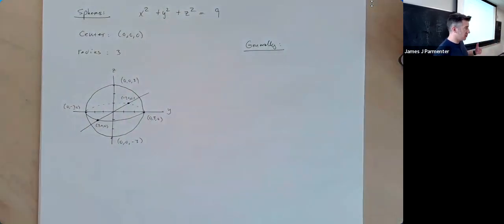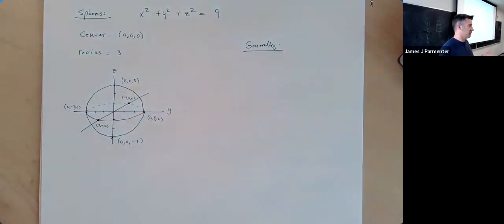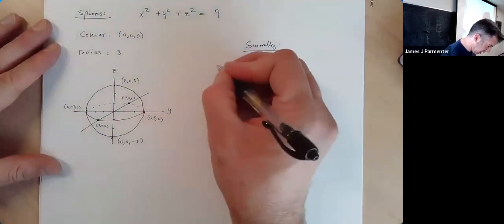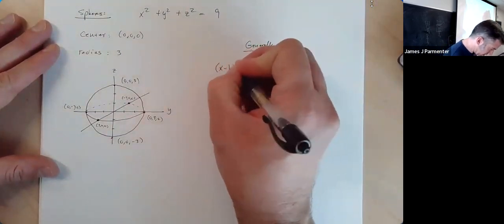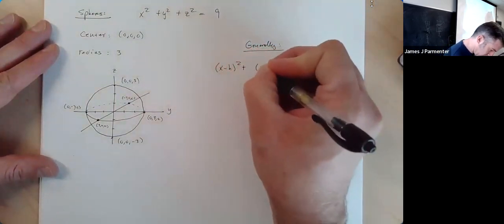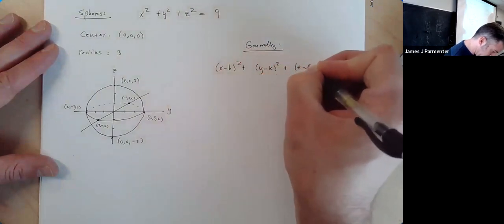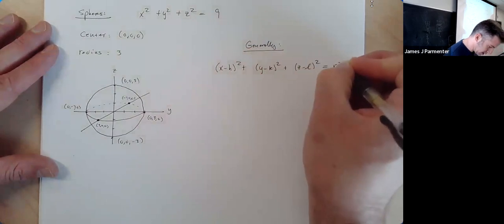More generally, just like the equation for a circle is usually like x minus something squared plus y minus something squared equal to the radius squared. Same idea, we're just adding another dimension here. So we're going to have x minus h squared plus y minus k squared plus z minus l squared equal to the radius squared.